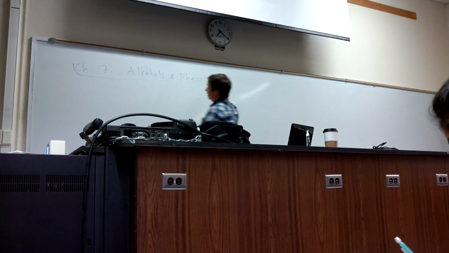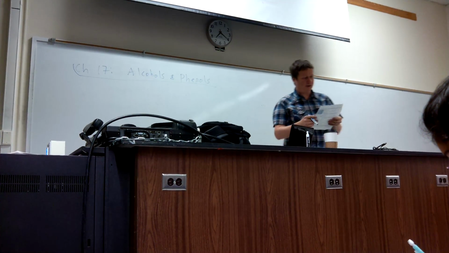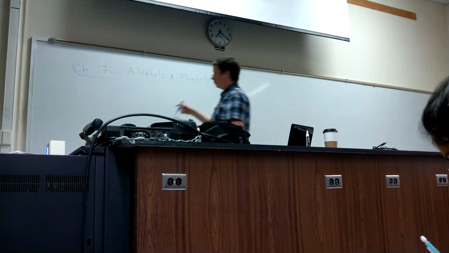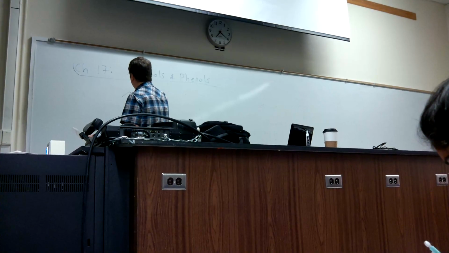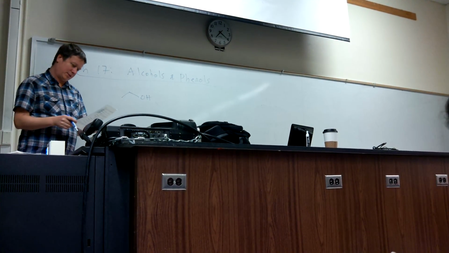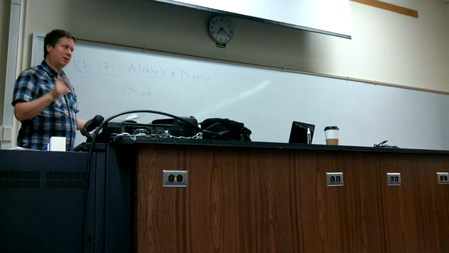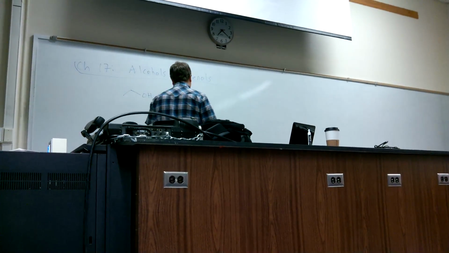Chapter 17 is alcohols and phenols. So, of course, a prototypic alcohol like ethanol. It's a nice example. There's tons more examples of alcohols. Some of them are in your book.